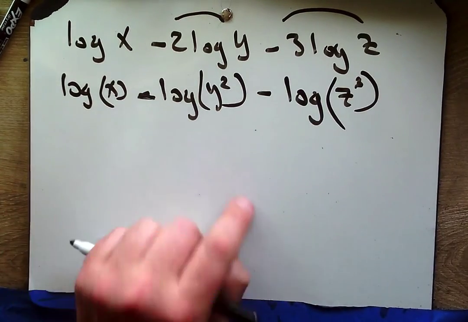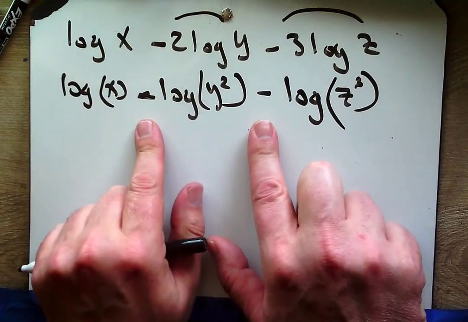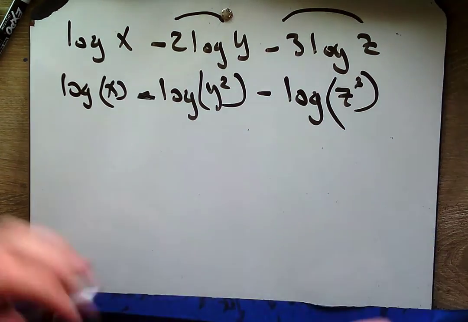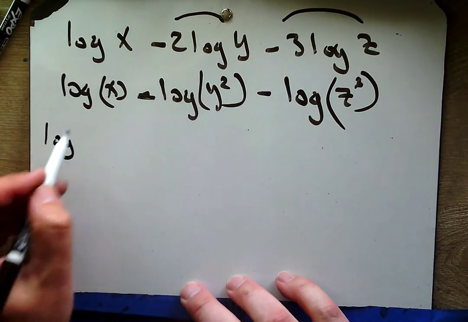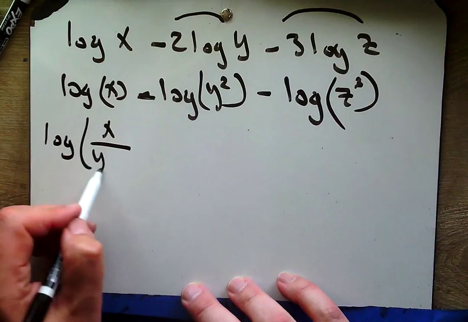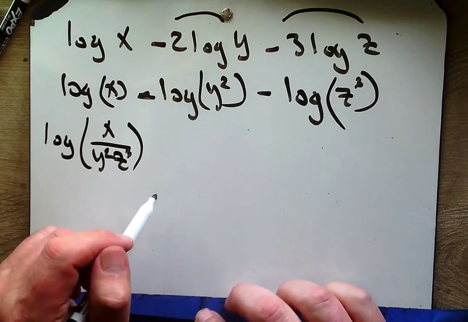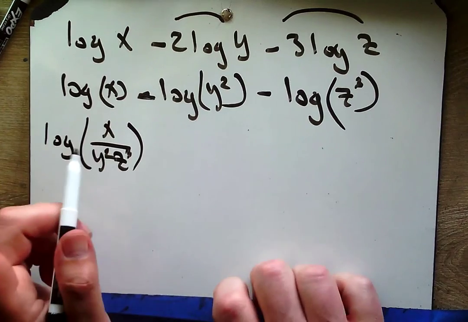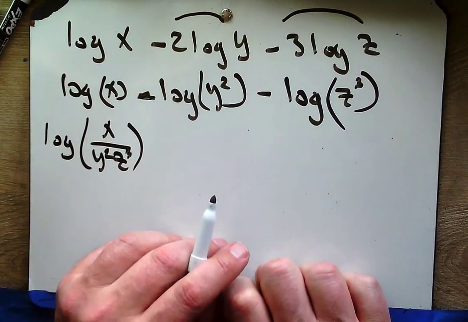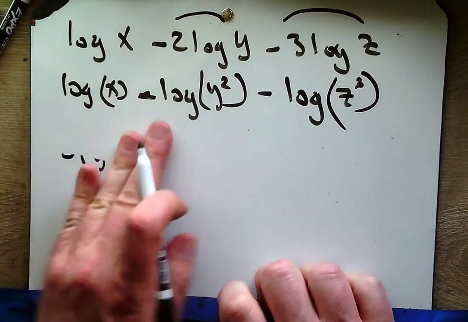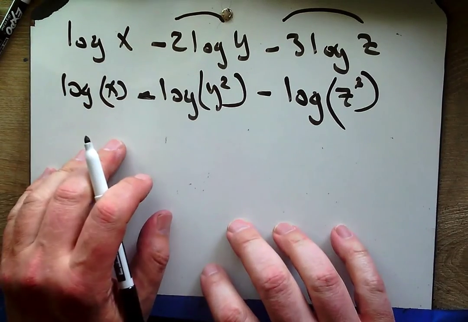Remember what I said a few minutes ago. All these minuses, they're going to head to the bottom. I feel pretty comfortable writing x over y squared z to the 3rd, just like that. Now, you may not want to do that. I understand completely, but I'd like you to get to that place where you can.